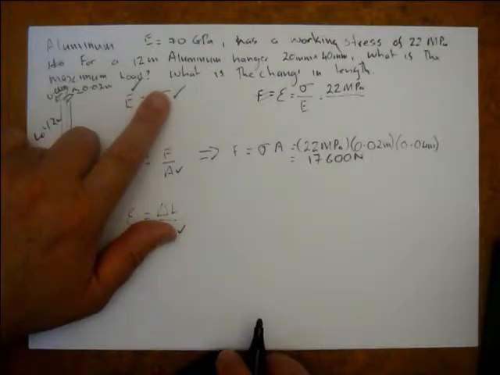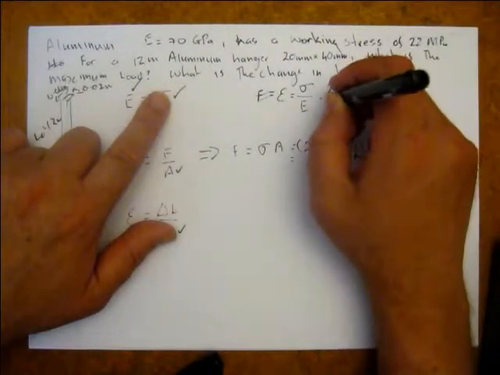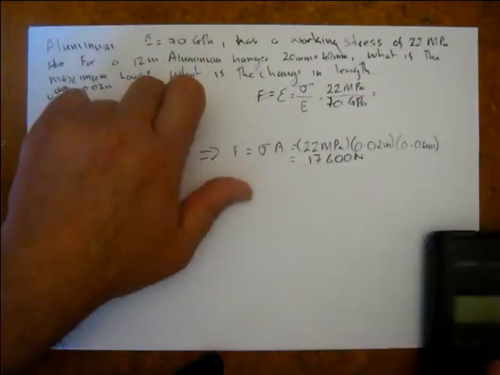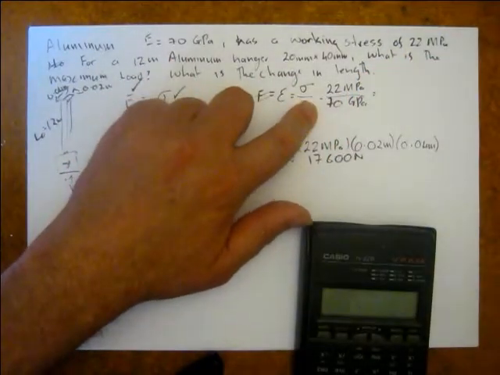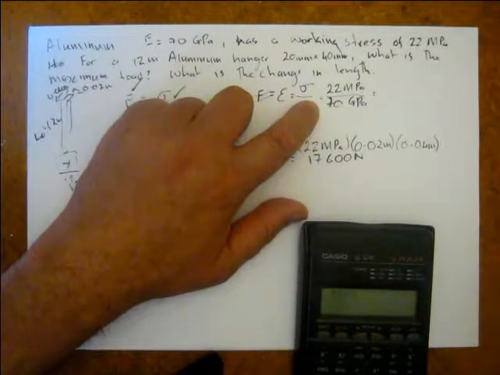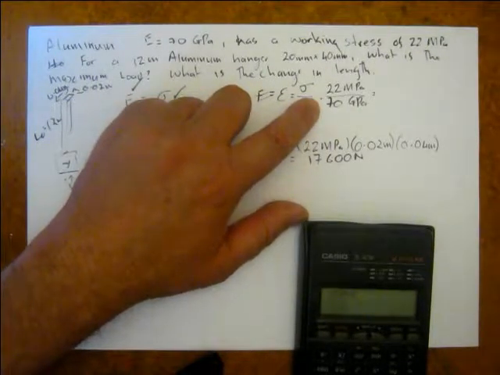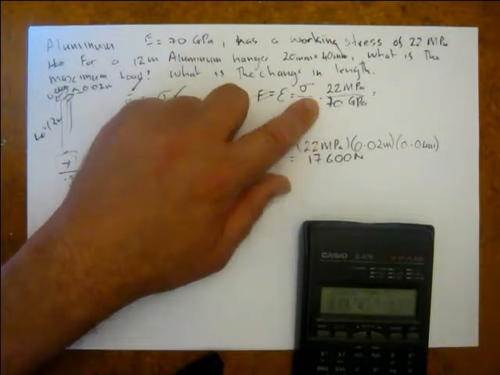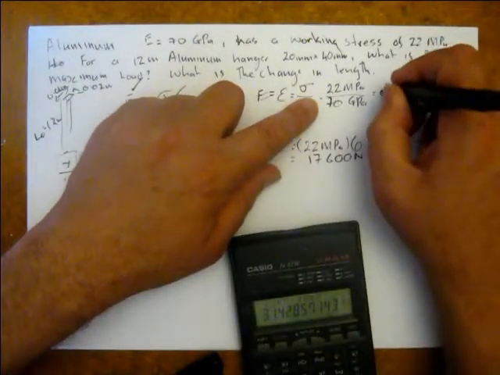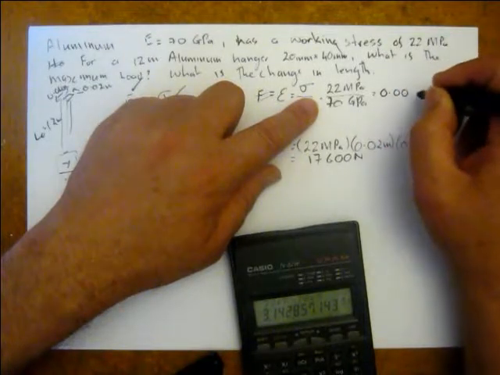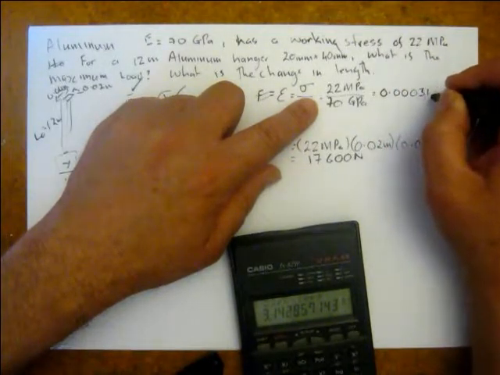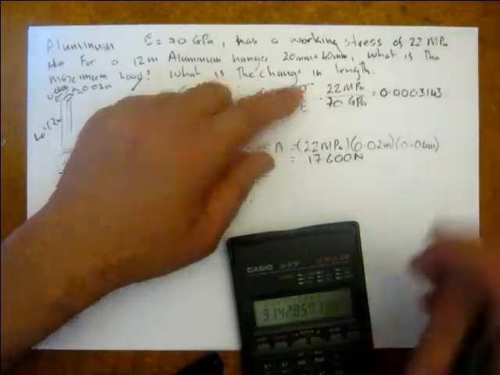And what's the Young's modulus? 70 gigapascals. Okay, so we go 22 times 10 to the 6, that's 22 megapascals, divided by 70 times 10 to the 9 equals 0.0003143. So that's going to be the strain.